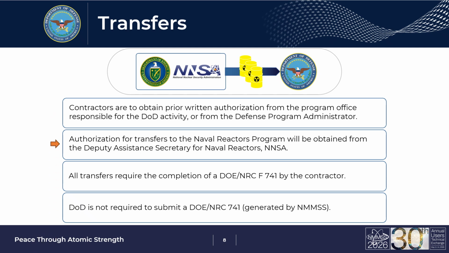Authorization for transfer to the Naval Reactors Program will be obtained from the Deputy Assistant Secretary for Naval Reactors at the NNSA. All transfers require the completion of a DOE NRC Form 741 by the contractor. The Department of Defense is not required to submit a DOE NRC Form 741. Their portion of the data set will be generated by NMMSS.